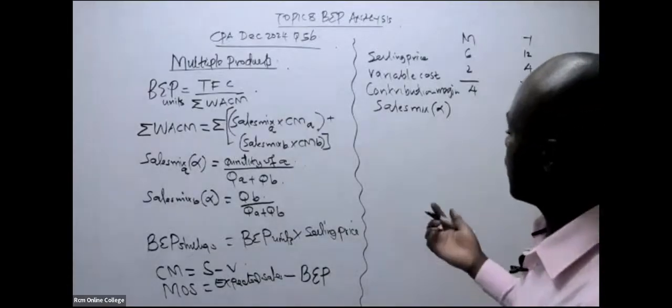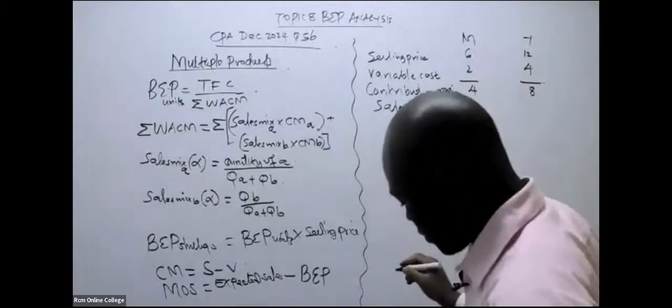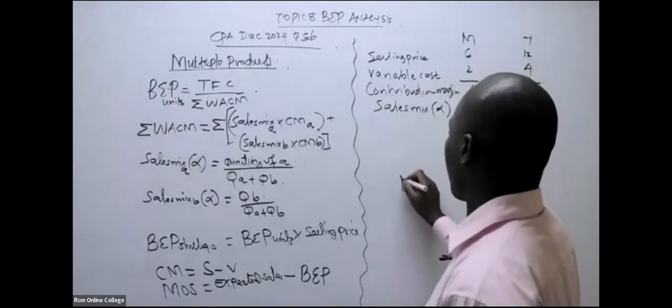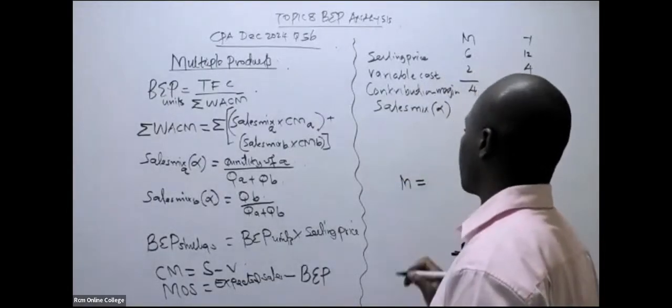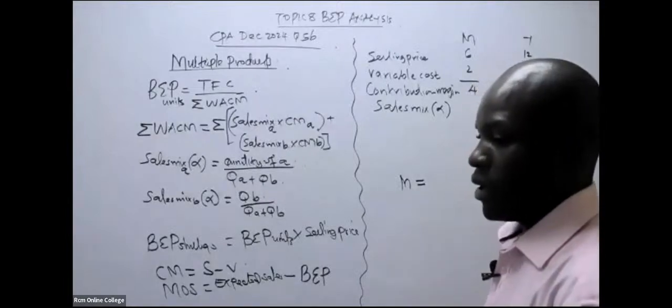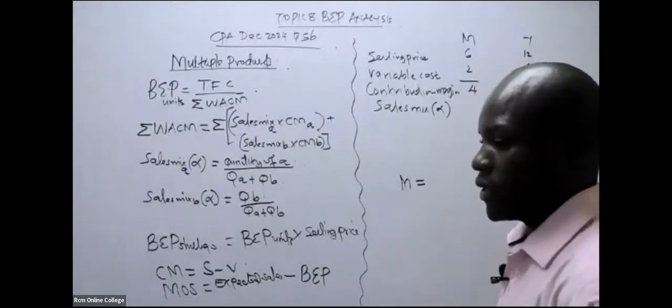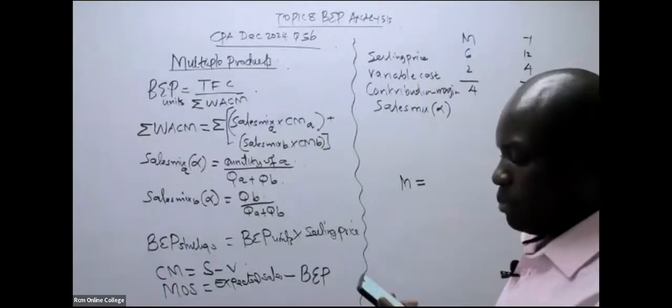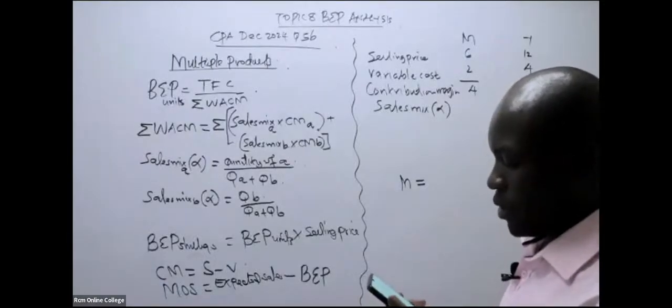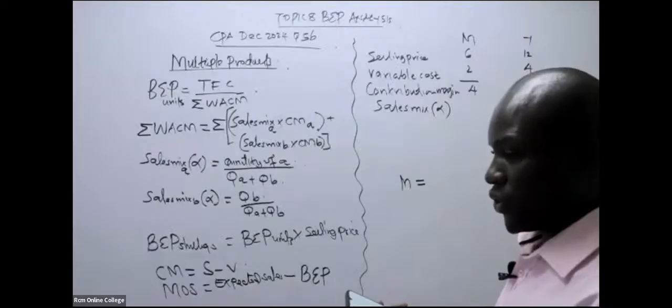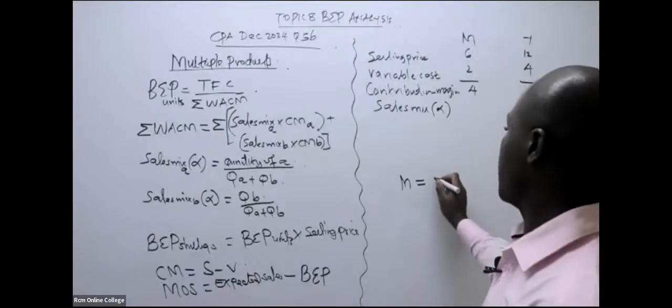So let's start with our first product. Our first product is product M. What is the expected sales in terms of units for product M? Tuko na ngapi? 70 million, right?